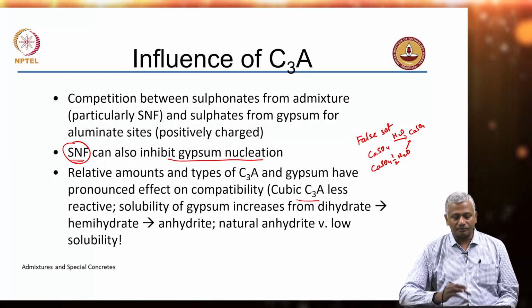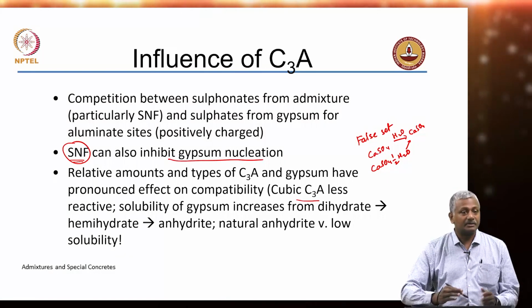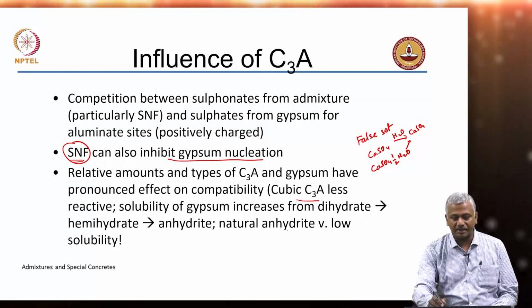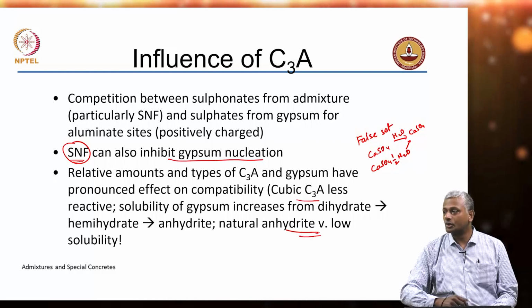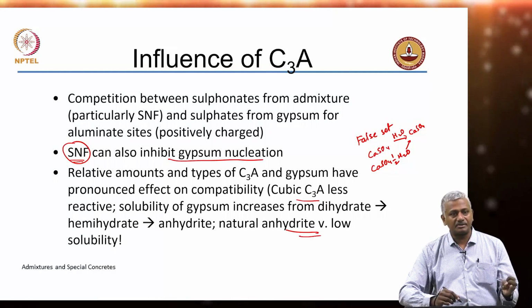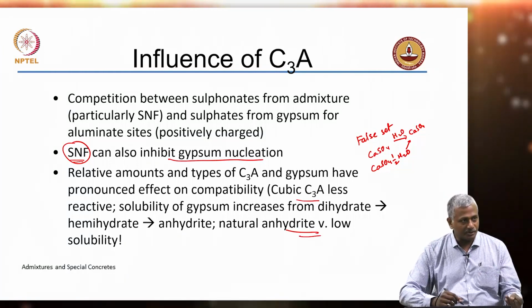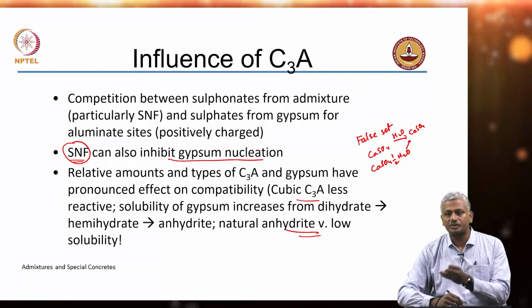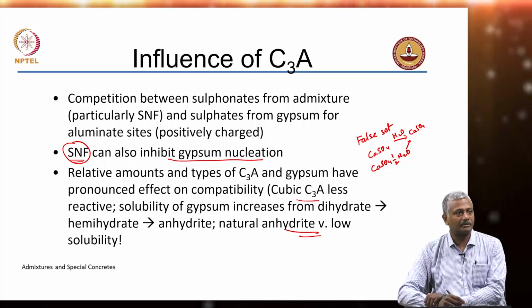So solubility of gypsum increases, that is the other reason, from dihydrate, hemihydrate to anhydrite. So as I said, natural anhydrite has very low solubility. So C3A crystal form affects the rate at which it dissolves. Sulfate availability is determined by the type of gypsum that is present in your system, okay.